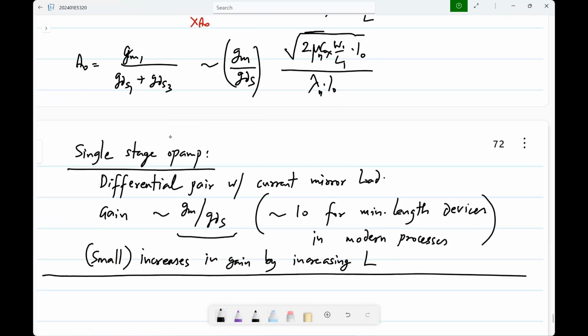So what can be a strategy to increase the gain? What all can we do? Add one more. So our negative feedback loop has an integrator, right?